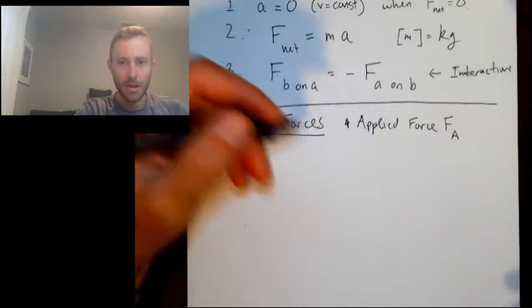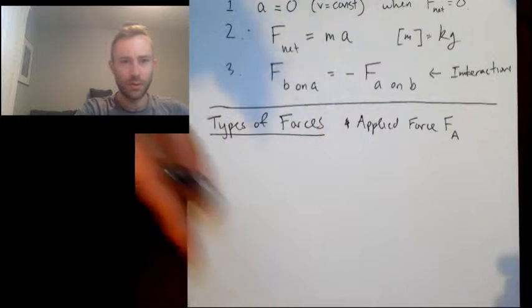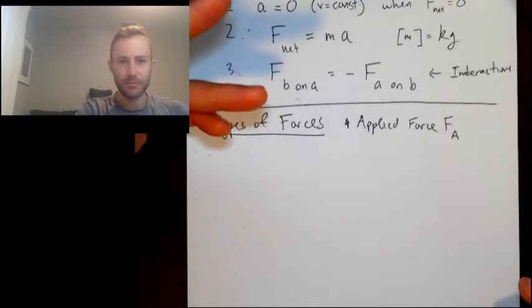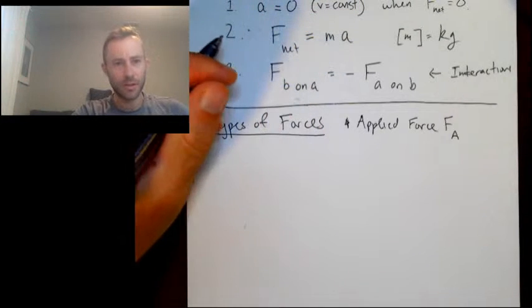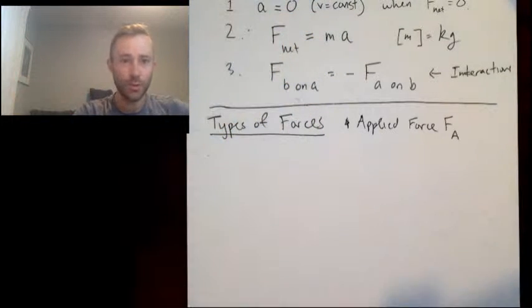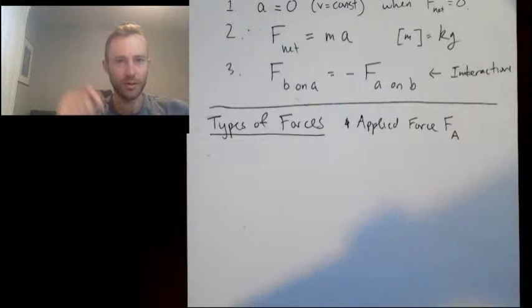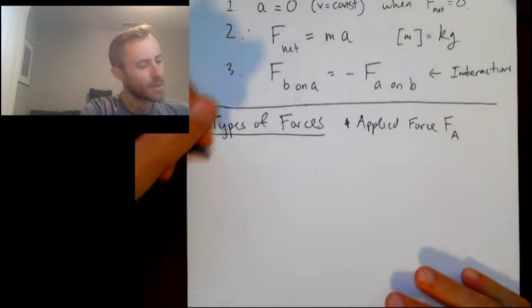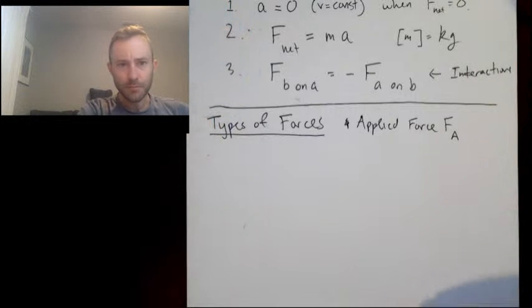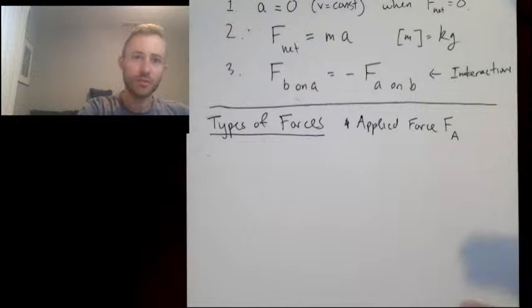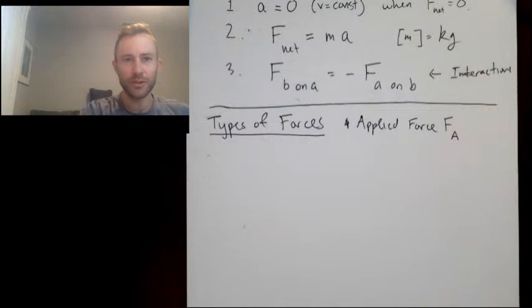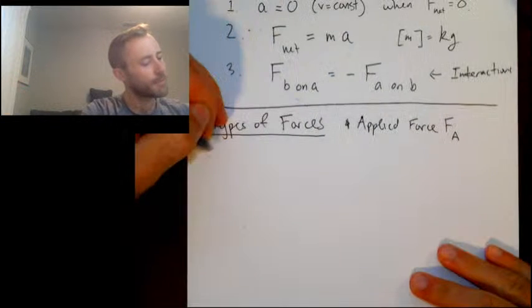So it's just a force that is put on an object, and the exact origin of that force is not really important, so we just say the applied force, okay? So oftentimes there will be an applied force by someone on an object.